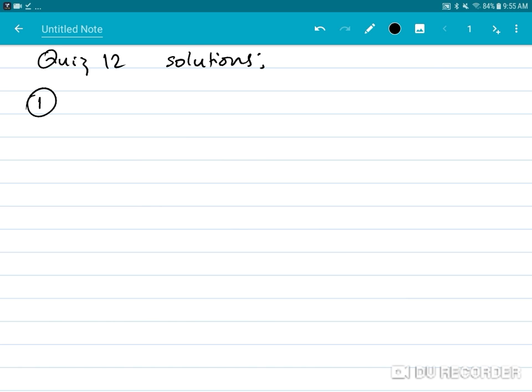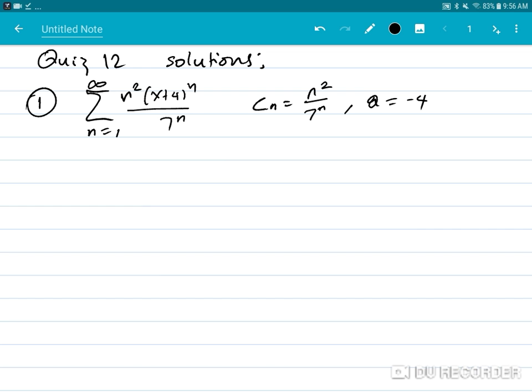So one of the versions is the sum of n squared (x plus 4) to the power of n over 7 to the power of n, from 1 to infinity. In this case, Cn is n squared over 7 to the n, and a is minus 4.